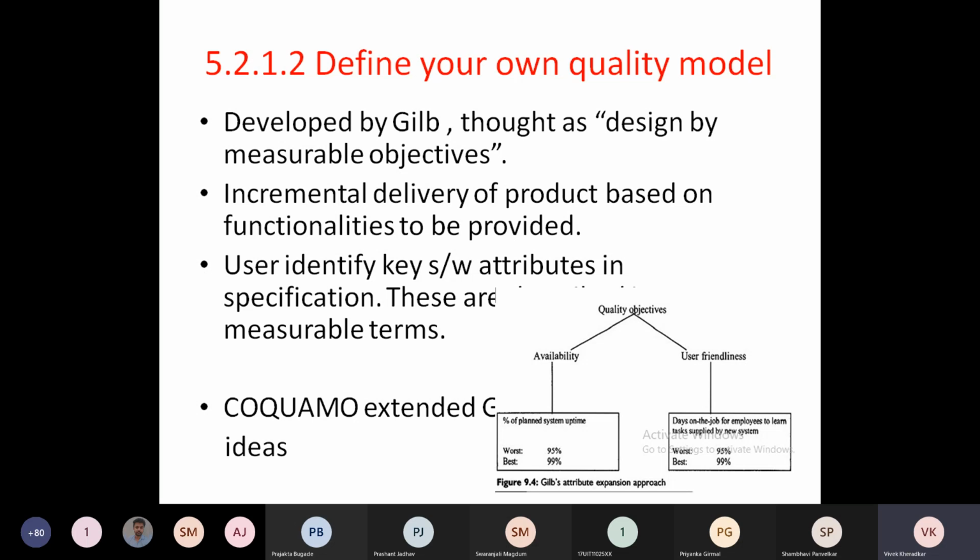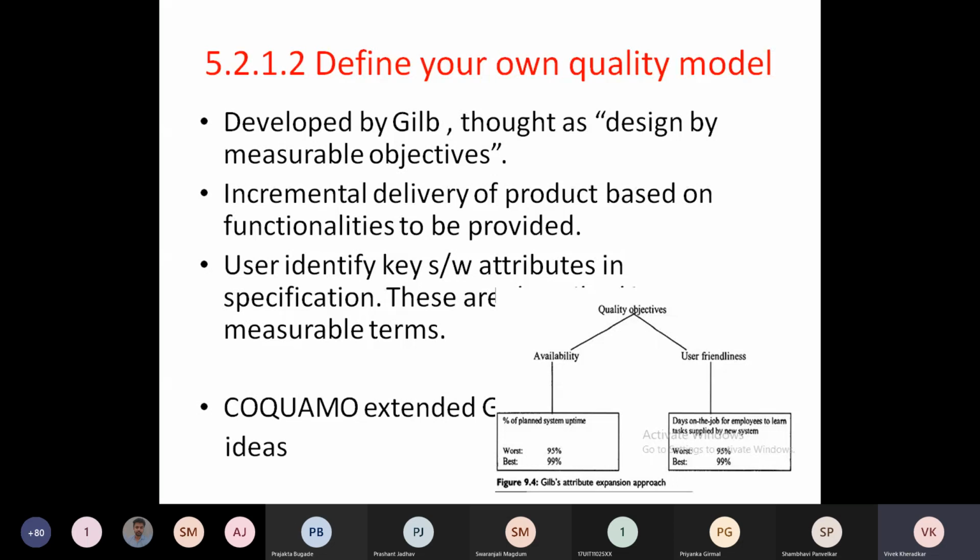What is that approach? In this approach, we have an ultimate aim: we have to measure the quality, but for that measurement, you first have to identify and design measurable objectives, by which we can measure the quality of your product.